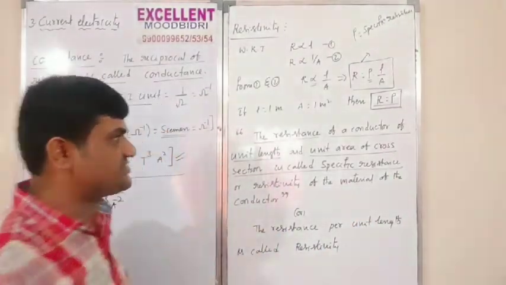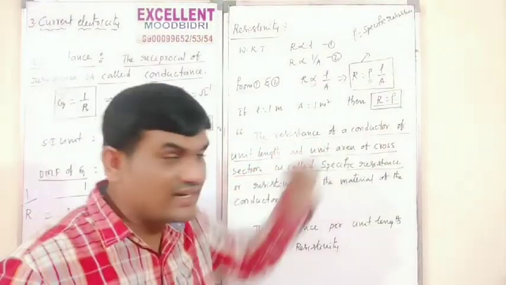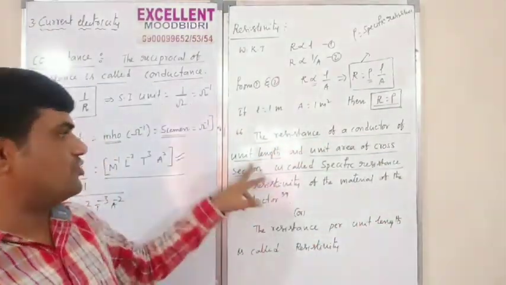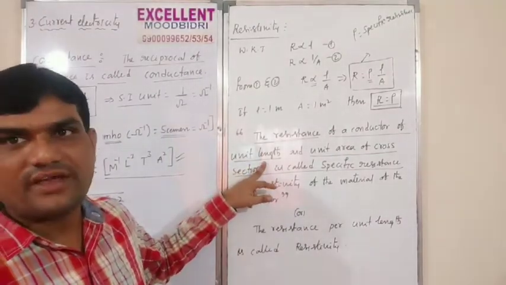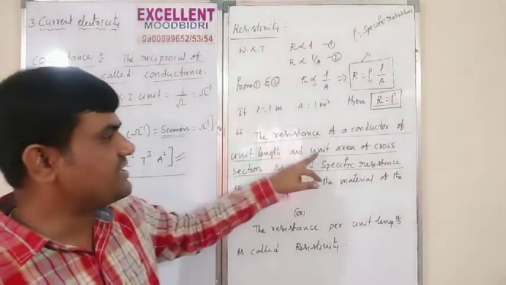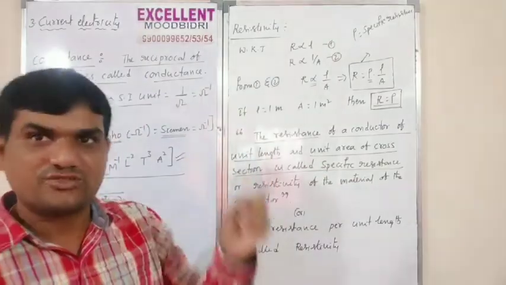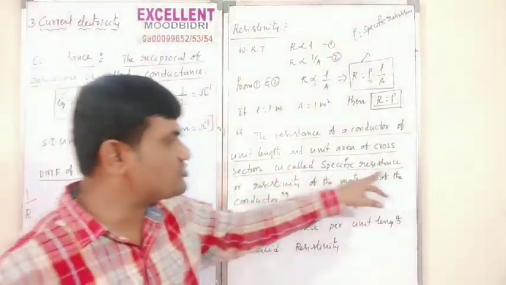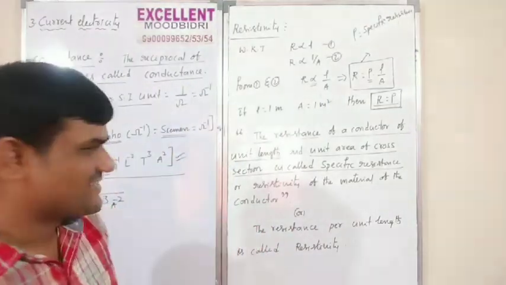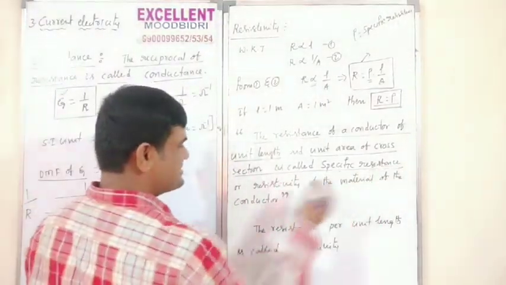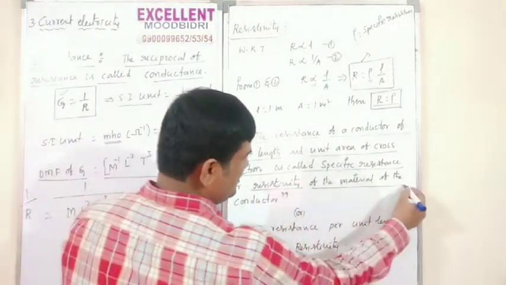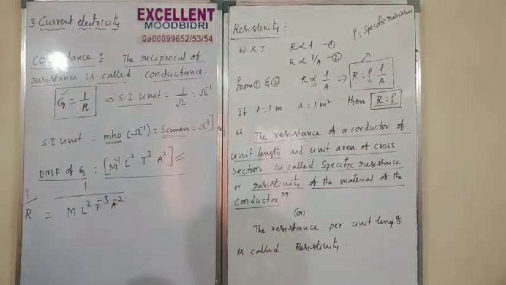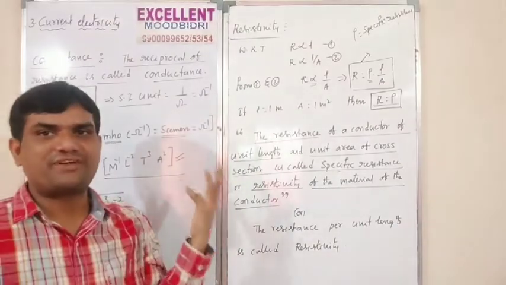We say the resistance is the specific resistance when the length of the wire is 1 unit and the area of cross section is 1 unit square. That is the specific resistance or resistivity of the material of the conductor.